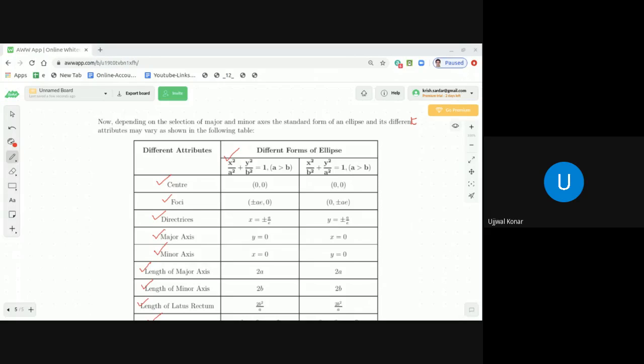Then we will discuss the position of a point with respect to ellipse, tangent, director circle, the normal of ellipse, chord joining 2 points of an ellipse, pair of tangents from an external point, chord of contact in terms of middle points. All these things we will be discussing in our class tomorrow and subsequent classes.